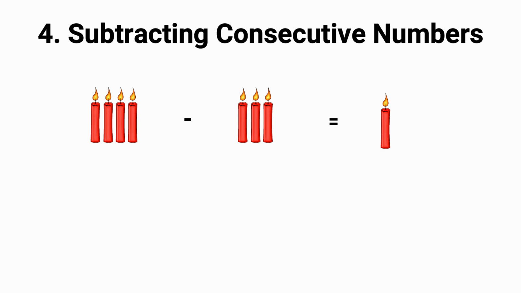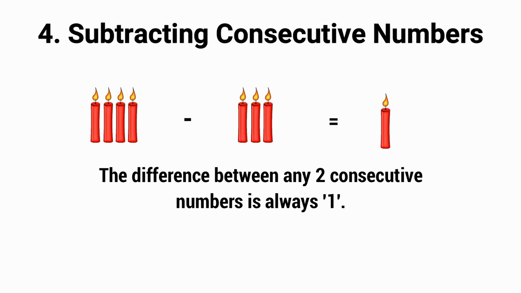So we can say that the difference between any two consecutive numbers is always 1, like we have done in this example. 4 minus 3 is equal to 1. As 3 and 4 are consecutive numbers, their difference will be 1.